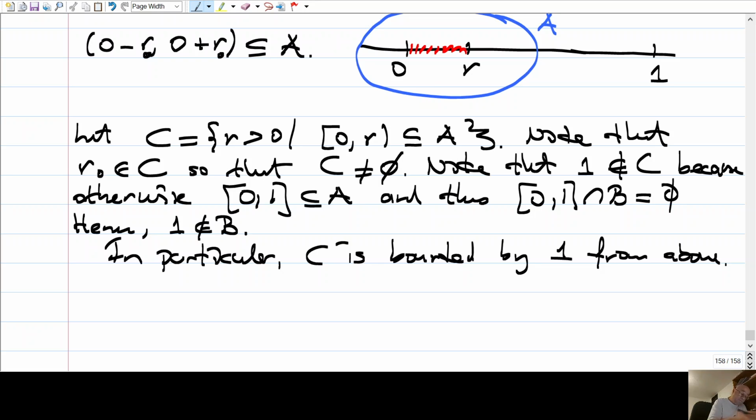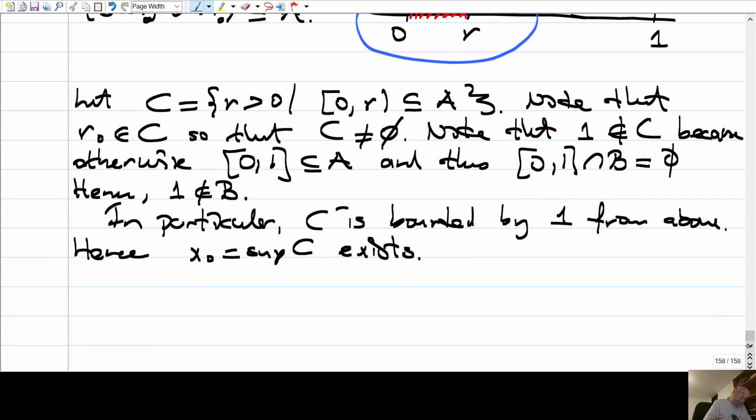So its supremum exists. Let's say x0, the supremum of C, exists.